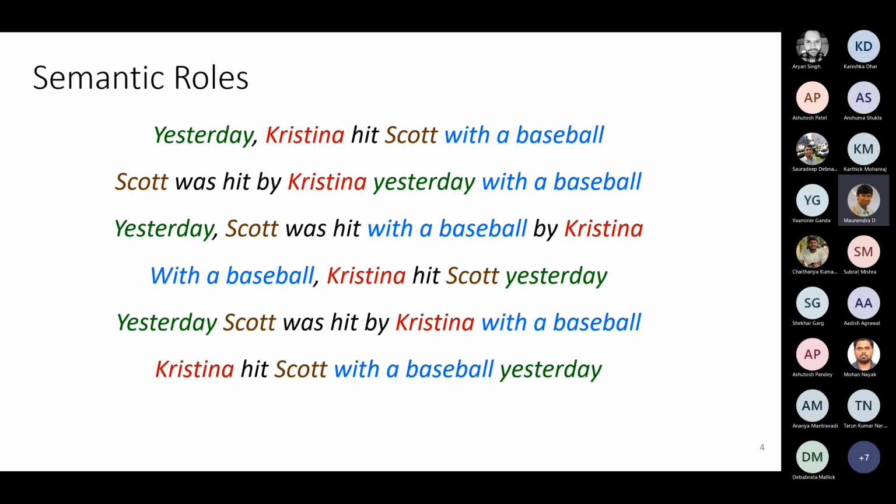So what we see is the same information nuggets, the same bit of information, in multiple sentences, but they have different appearances.